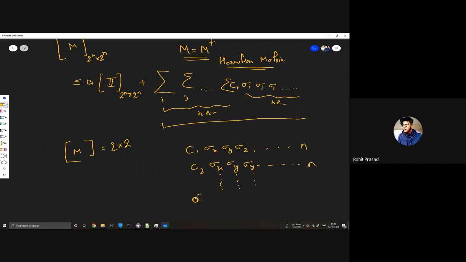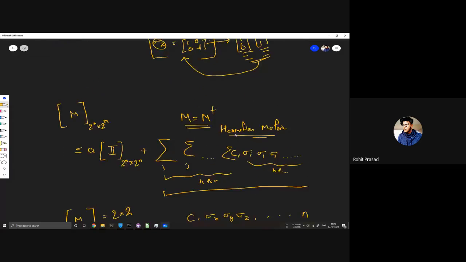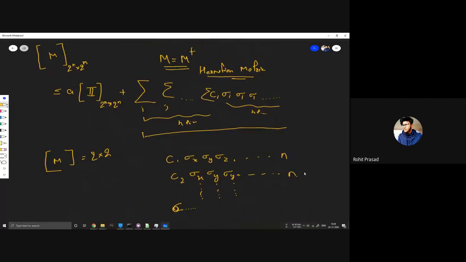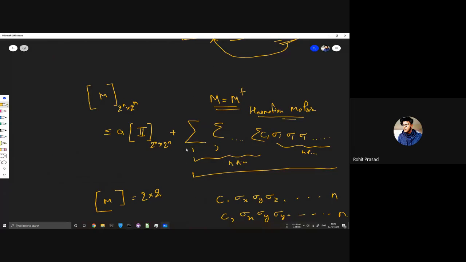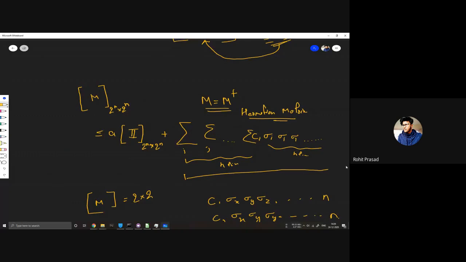So the identity matrix with a constant a, plus a summation of all the possible combinations of these three Pauli matrices n times, gives us a decomposition of this matrix in this form.